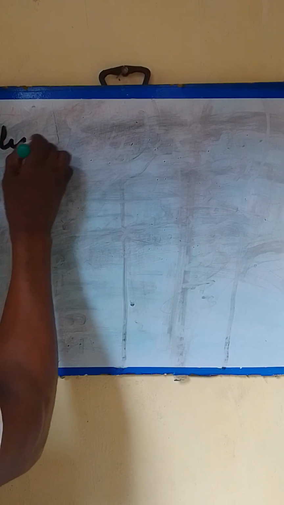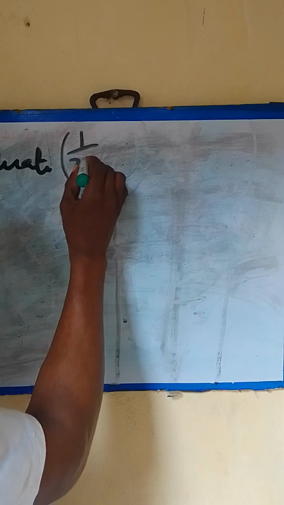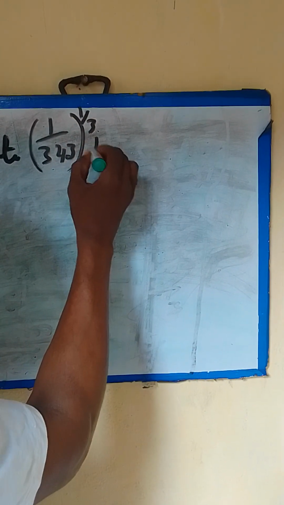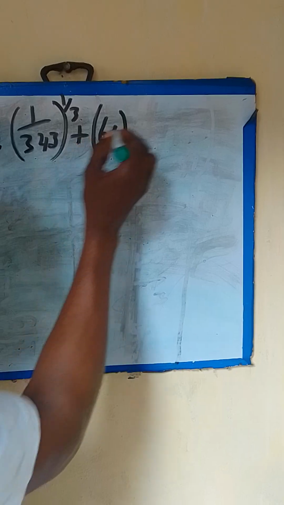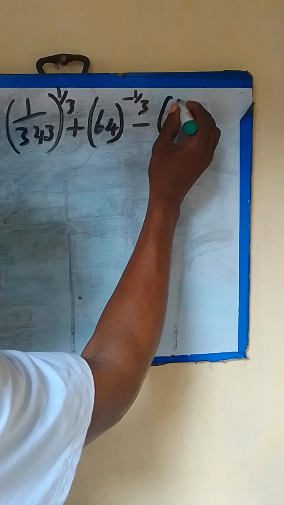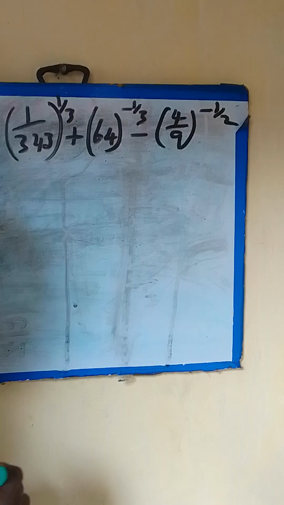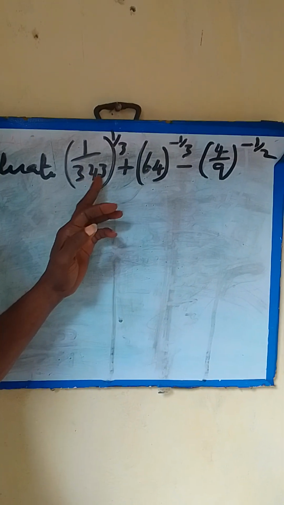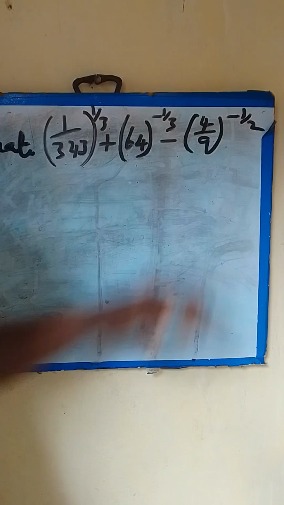We are asked to evaluate this. This is another problem: 1 all over 364 all raised to power 1 all over 3, plus 64 raised to power minus 1 all over 3, minus 4 all over 9 raised to power minus 1 all over 2.